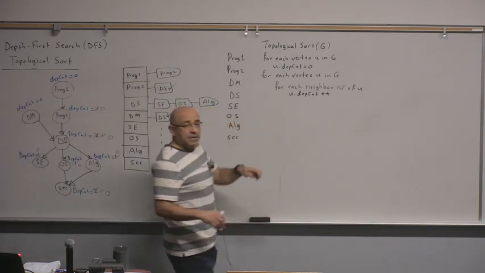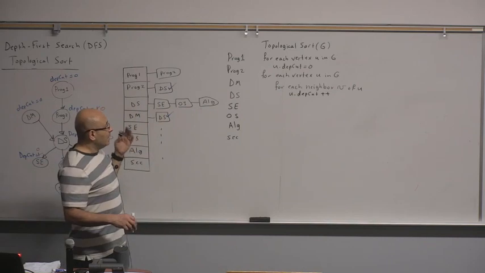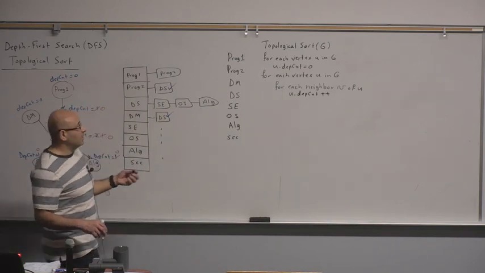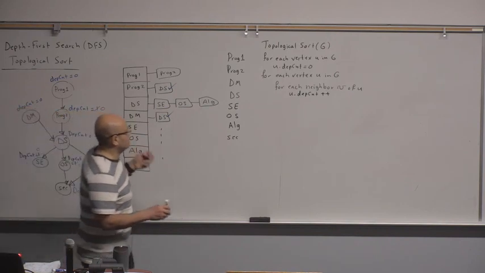So then we will pick a vertex with dependence count of 0 and we put it in the list.